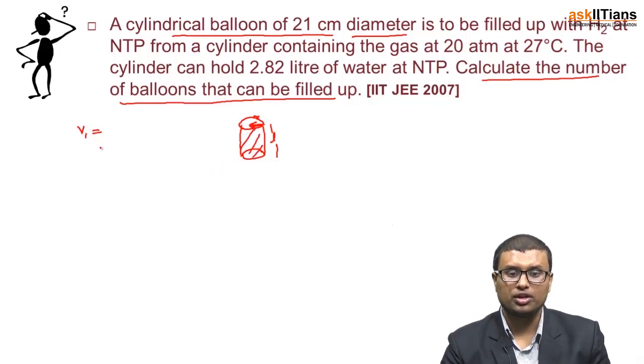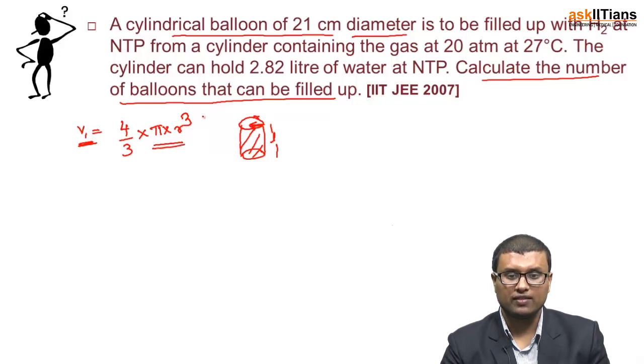So in these cases, you have to consider the volume to be a sphere, and the volume of a sphere will be 4 by 3 pi r cube.